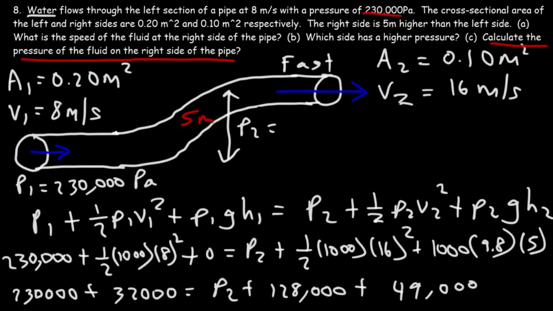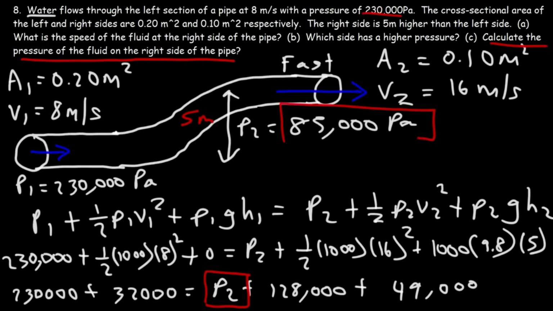So to calculate P2, it's going to be the sum of the stuff on the left side minus the stuff on the right side. So it's 230,000 plus 32,000 minus 128,000 minus 49,000. So P2 is going to be 85,000 pascals. As we can see, it's much less than the pressure on the left side.